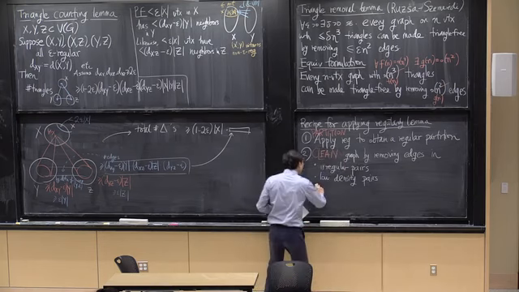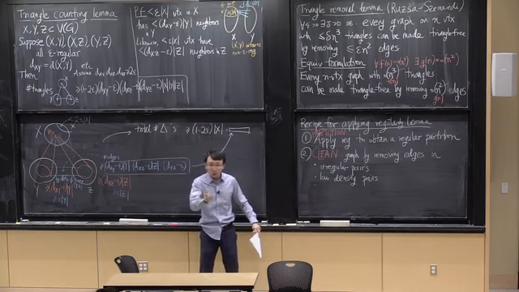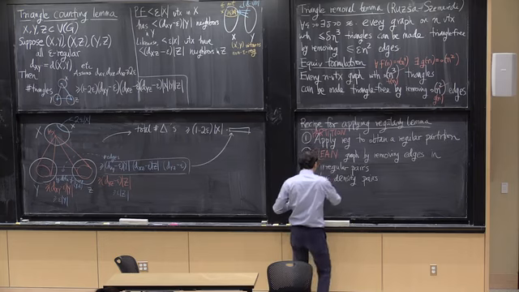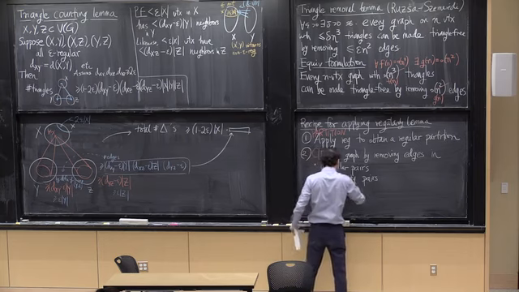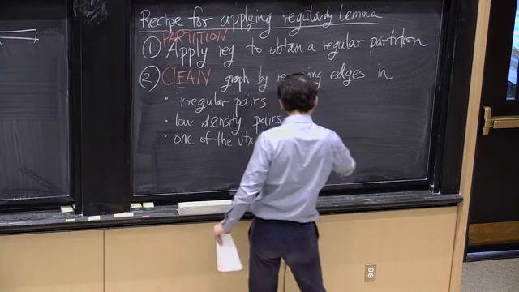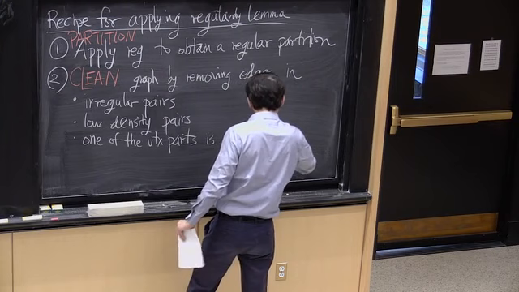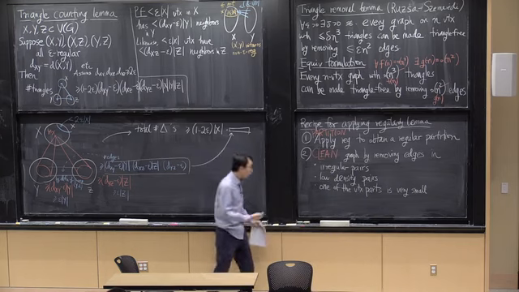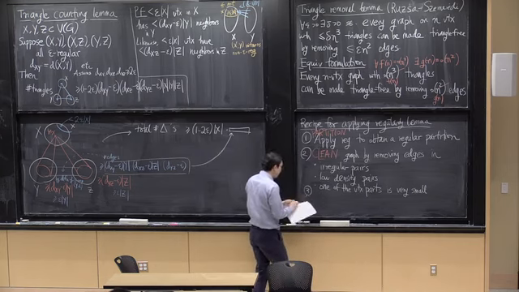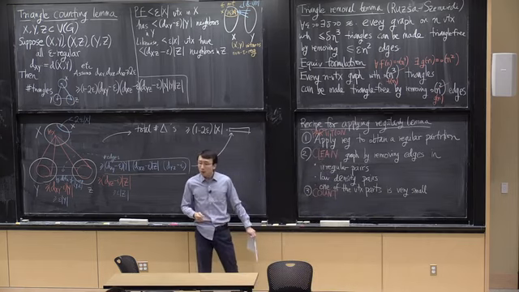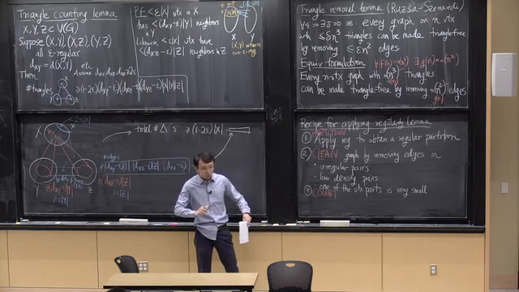And unless you're using the version of the regularity lemma that allows you to have equitable parts, you will also want to get rid of edges where one of the parts is too small. And the third step, call this count. Once you've cleaned up the regularity partition, let's try to find some patterns.